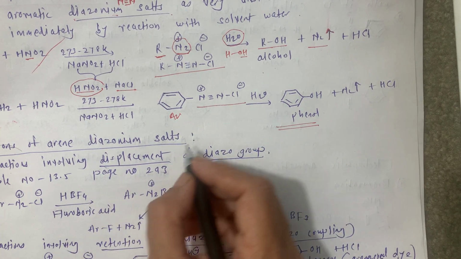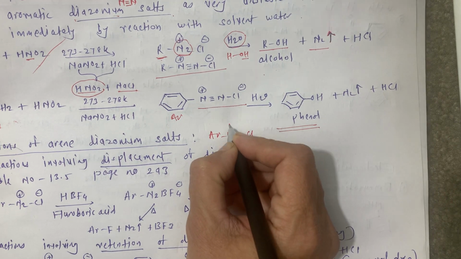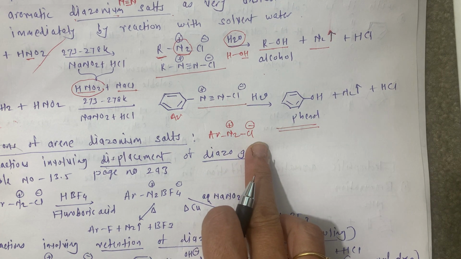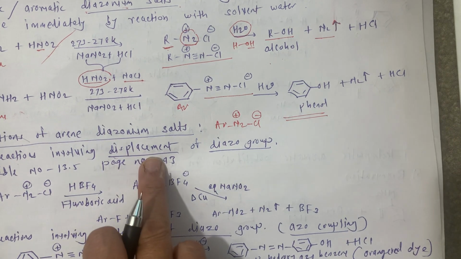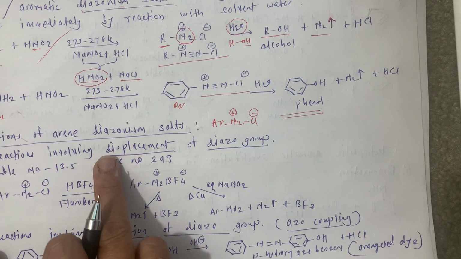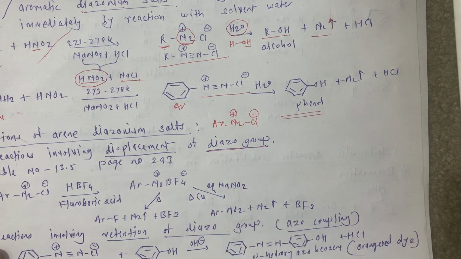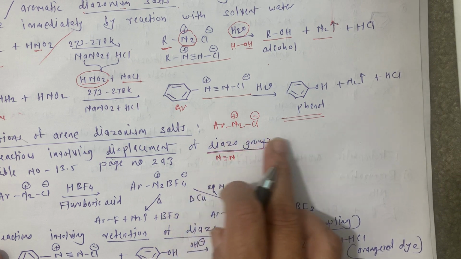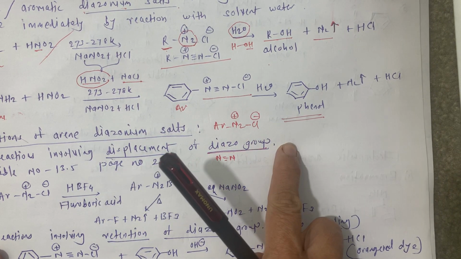The short form is ArN2Cl, with N2 carrying a positive charge and chlorine carrying a negative charge. This is a very important reaction because here there is a displacement of the diazo group, the diazo nitrogen group.